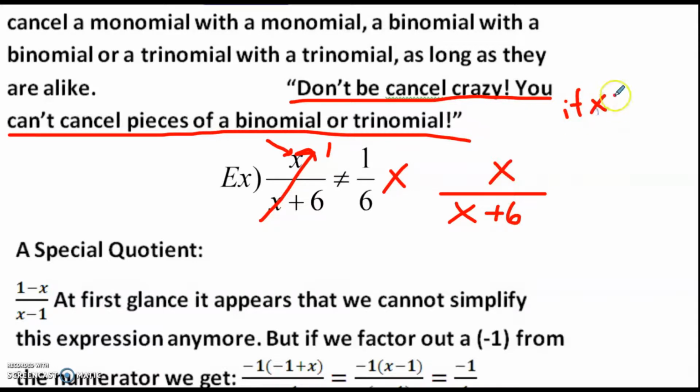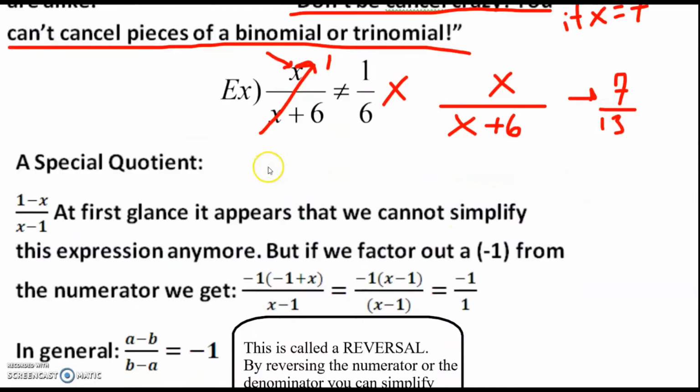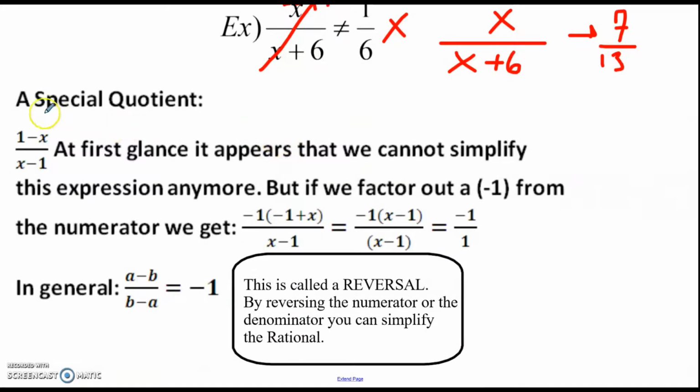If x is 7, for example, then I would have the expression 7 over 7 plus 6, 13. If you just cancel the x's, it's no longer the same. So this is also very important. I would put this down on a piece of paper on your cheat sheet for the unit.